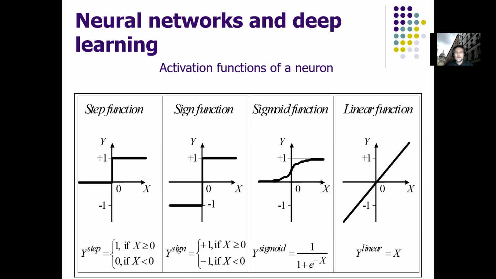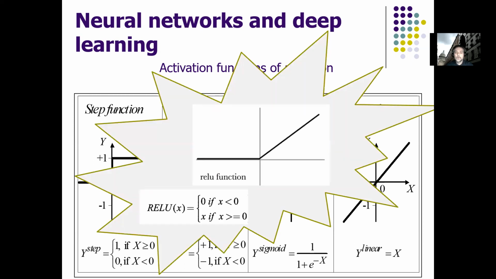Sign function gives you either -1 or +1. The well-known sigmoid logistic activation function, that was mentioned in the video, and the linear activation function, which basically passes the output of the node without any kind of modification or squeezing into some kind of range, like the sigmoid function.